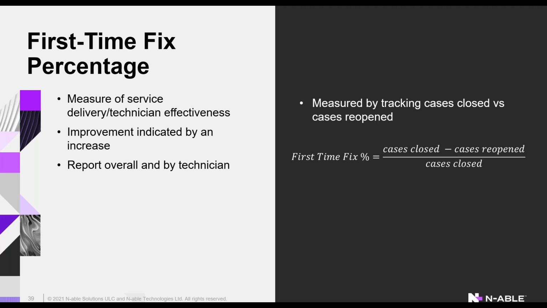And the way we track this is cases closed minus cases reopened for the exact same problem, divided by cases closed. And this is a measure of our efficiency. This is an overall and by-technician report.